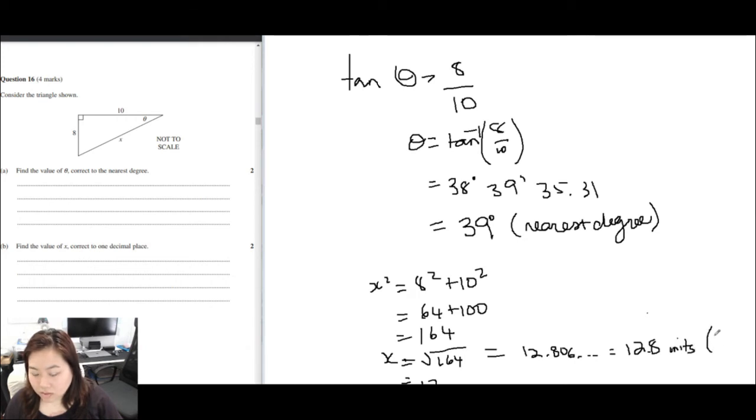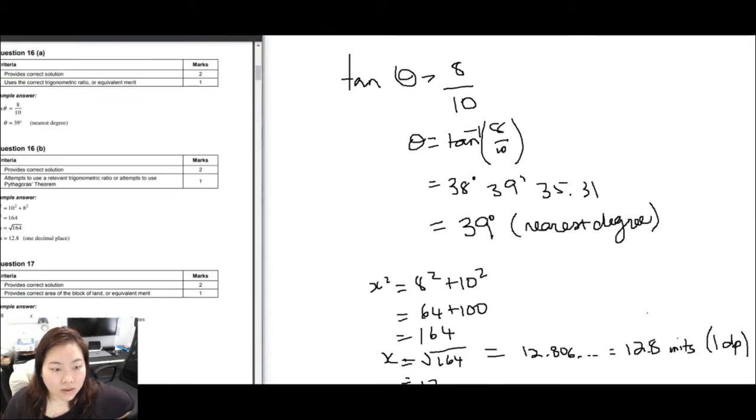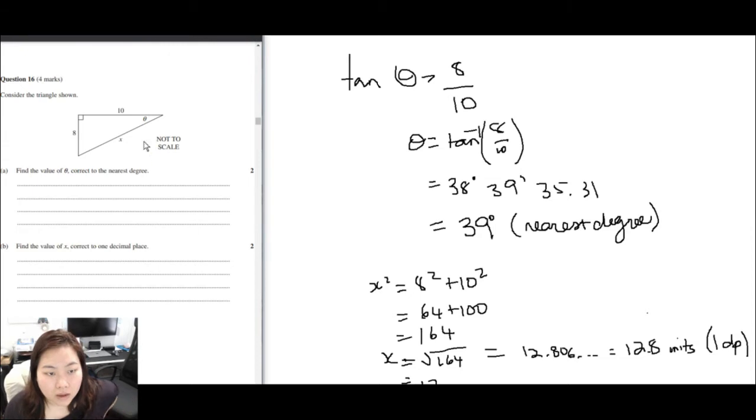And then 1 decimal place. And does that sound right? 12.8. It's longer than 12. I mean, it was longer than 10, so looking good. Let's check it. Yep. Sweet. 12.8. 1 decimal place. They didn't put units there. A length always needs to have units.